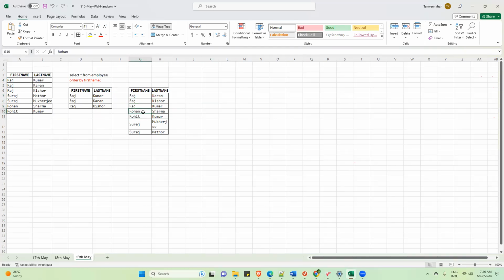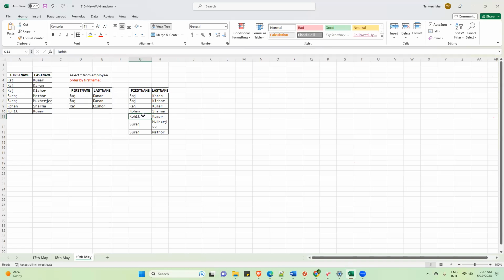Then after Raj, we have displayed Rohan Sharma, then Rohit Kumar. Why Rohan Sharma, then Rohit Kumar? In ROH, the first three letters were the same, so the engine then checked the fourth letter. In the fourth letter, in Rohan it is A, in Rohit it is I. Is this clear, guys?